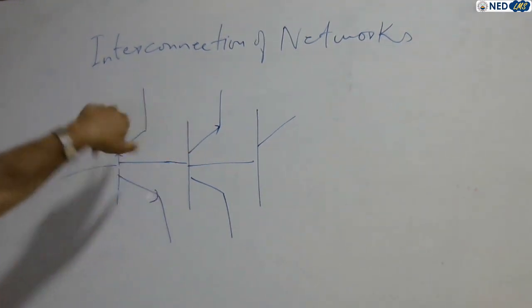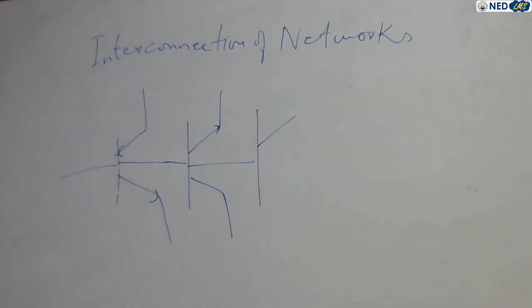So two-port networks may be regarded as building blocks that can be interconnected to form a complex network. The interconnection can be in series, in parallel, or in cascade.